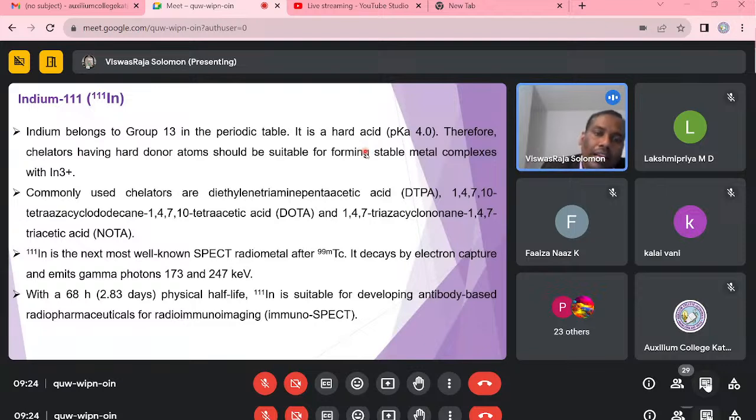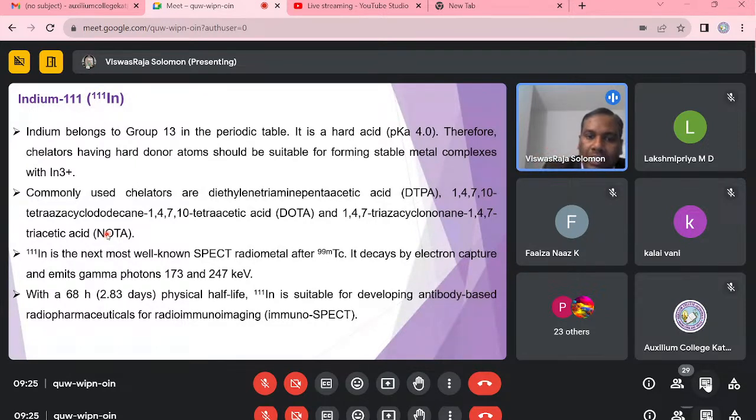In the literature, it's reported that indium 111 forms complexes with various bifunctional chelators like DTPA, DOTA, or NOTA. Again, it's a well-known radiometal. It emits gamma photons at 2 energy levels.